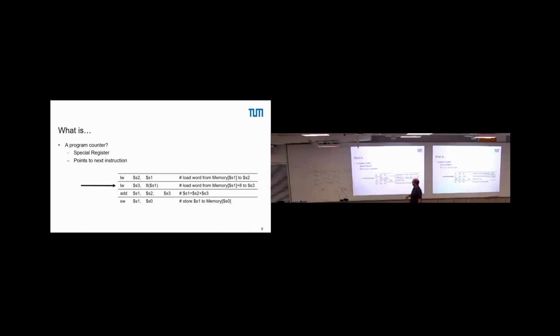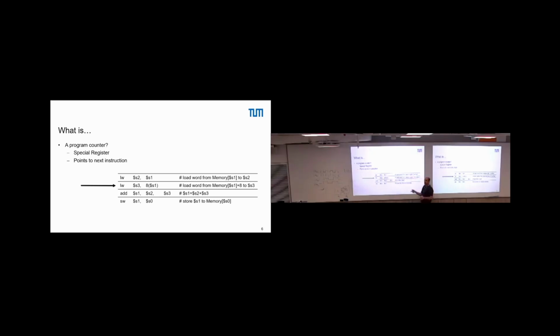What does it mean? We have 3 assembly instructions, which are LW, add, and SW. So what do we do here? This LW is specified as: we load a word from the right side. The right side gives the address in the memory.